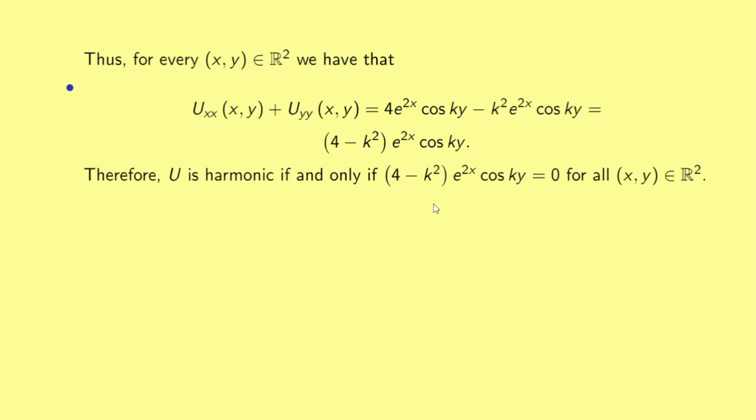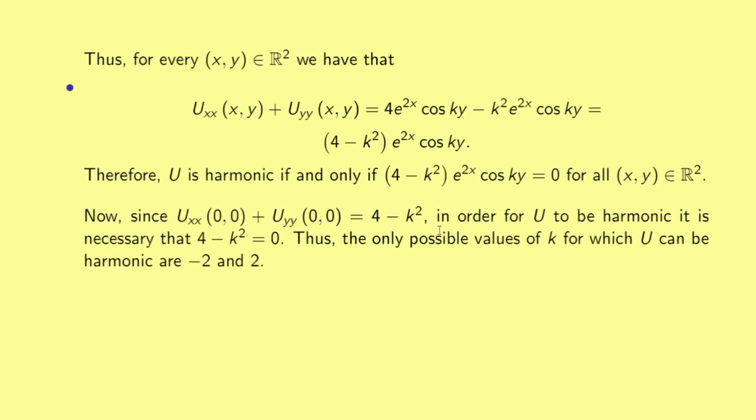In particular, it must be true for (0,0). So if we plug (0,0) in this expression, since e to the power 2 times 0 is 1 and cosine of k times 0 is 1, at the point (0,0) we must have uxx plus uyy equals 4 minus k squared. And if we want u to be harmonic, this must be 0. And 4 minus k squared is 0 if and only if k equals minus 2 or 2.